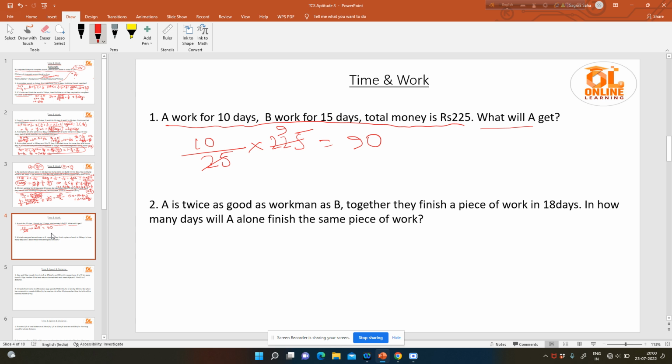Now the second question. It's a very important question. A is twice as good a workman as B. Together they finish a work in 18 days. So in how many days will A alone finish the same piece of work? So let us consider A completes the work in x days.